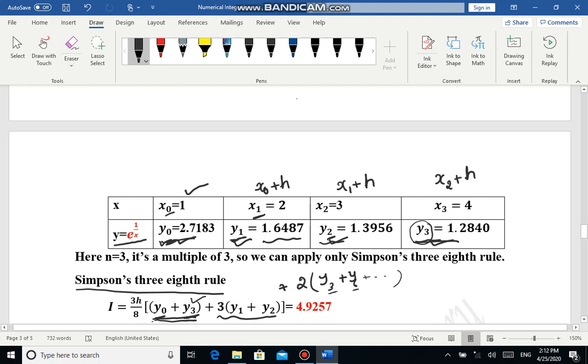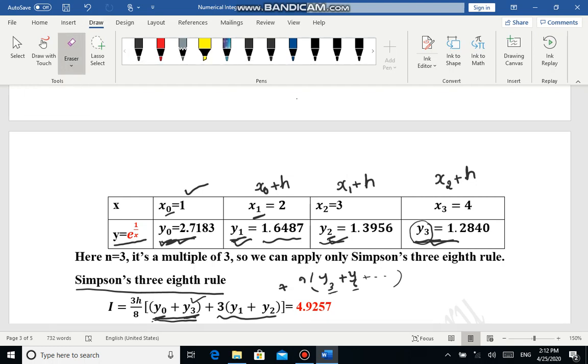So in this problem, we don't have 2 times of anything. So actually we have plus 2 into no terms, so 2 into 0. That's why I am not considering that term. Now substitute the y0, y3, y1 and y2 values. You will get the value of the required definite integral.